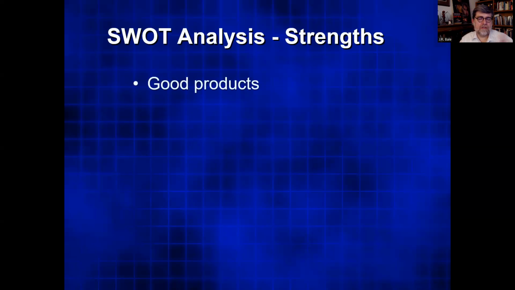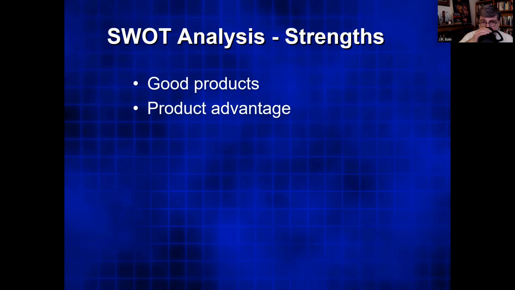So for instance, if you have a good product, well, that's a hell of a strength. Excellent. If you have a great product, more power to you. If your product has an advantage over a competitor, that's fantastic. If you have a wide variety of products, a broad product line, that is an excellent strength.